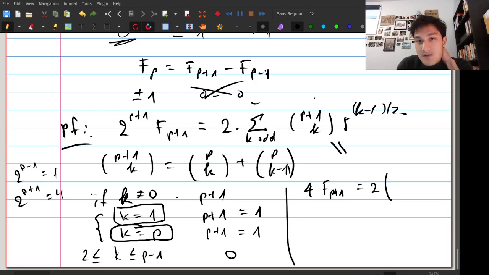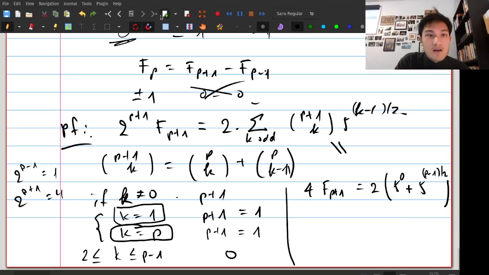So this is going to be equal to 1, and you get 5 to the k minus 1 over 2, which is 1 minus 1 over 2, which is 0. And the other one is when k equals p, in which case you get 5 to the p minus 1 over 2. And p plus 1 choose p is 1 mod p. So that's what we get here.